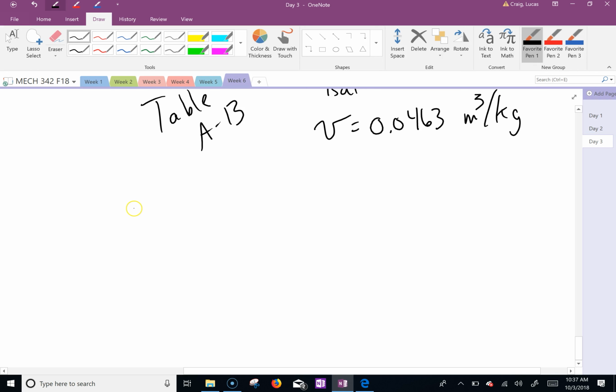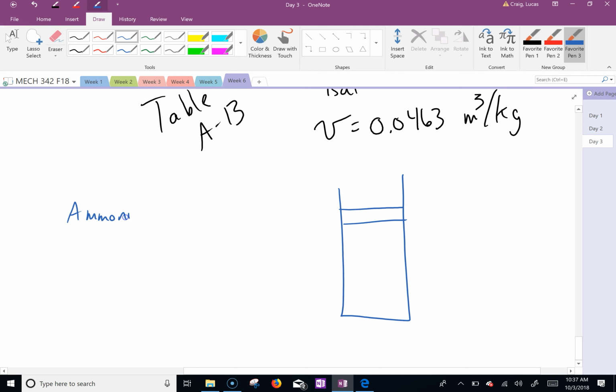So we have ammonia. I'm going to make a sketch for you. It's in a piston cylinder device. It's a saturated vapor initially. So hopefully that rings a bell.